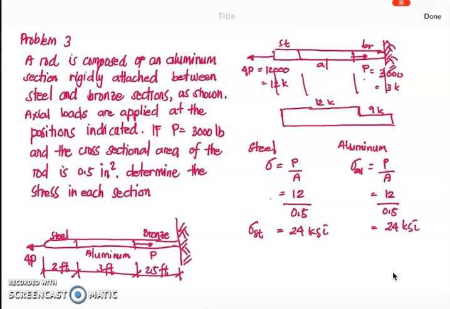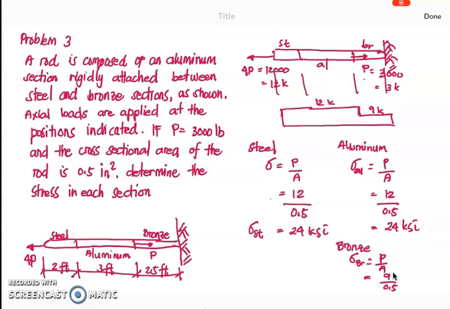And lastly, for the bronze, stress for the bronze is equal to P all over A. So therefore, you will have here 9 all over 0.5.